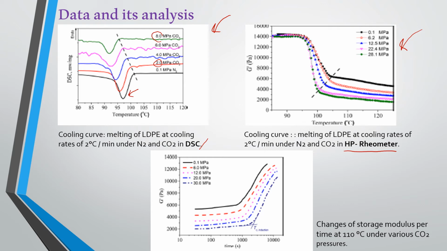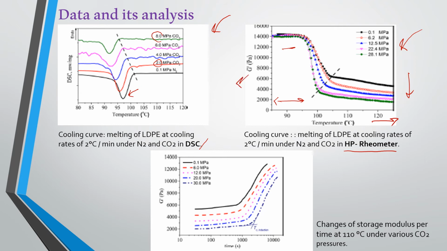So it shows that when the temperature goes down, the storage modulus goes up. In that initial phase, the storage modulus increased and it was more linear as the temperature is low, indicating no crystals form right here. And also the storage modulus decreased with increased saturation pressure.